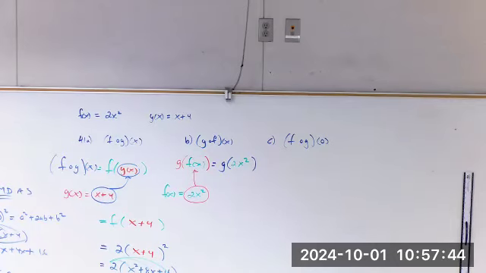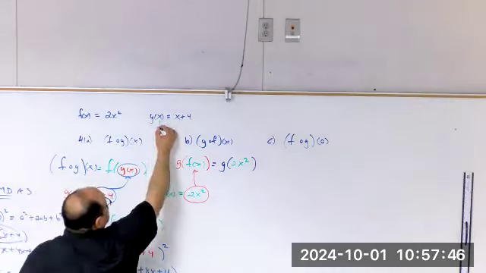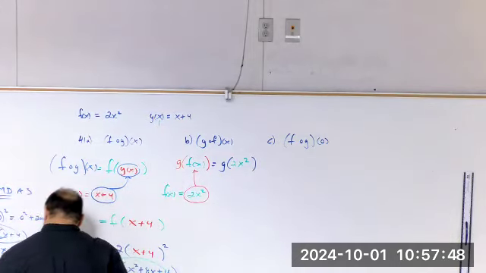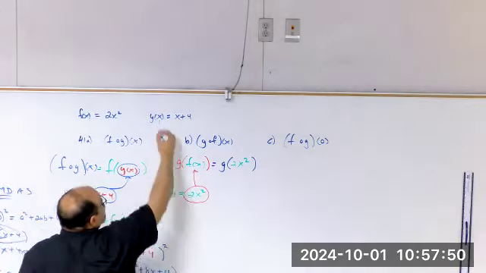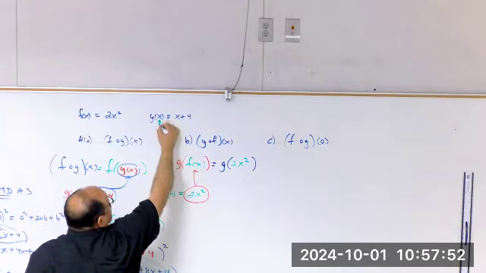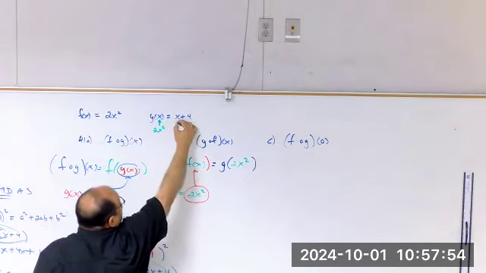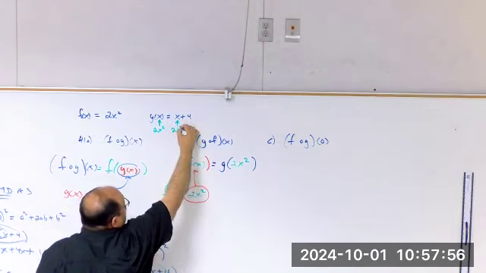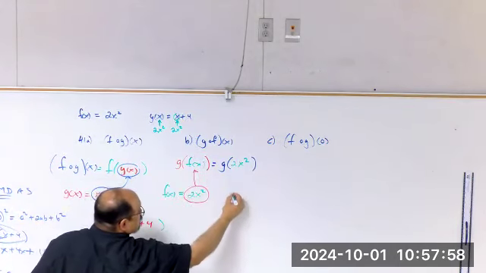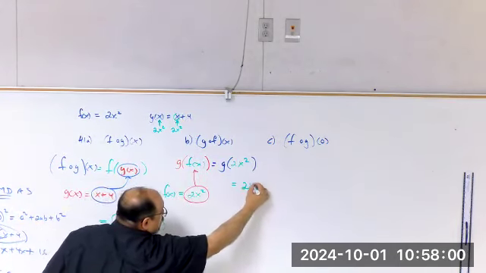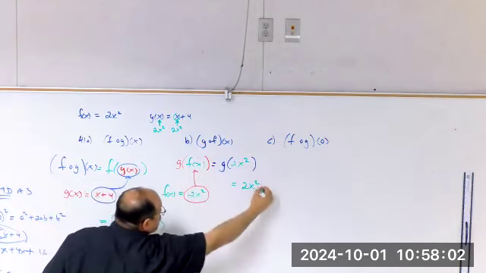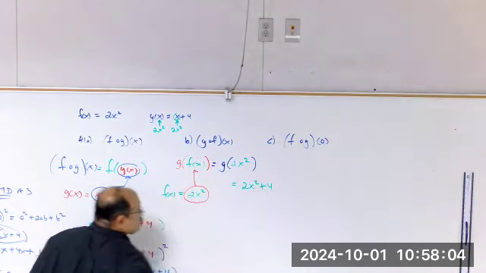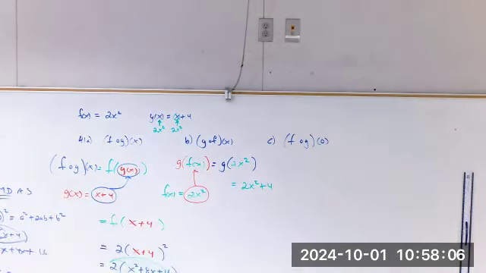Whatever goes into g, I'm going to replace that x with 2x squared. So this x is just 2x squared, and then plus that 4. Substitute, simplify. I can't go any further. That's the answer.